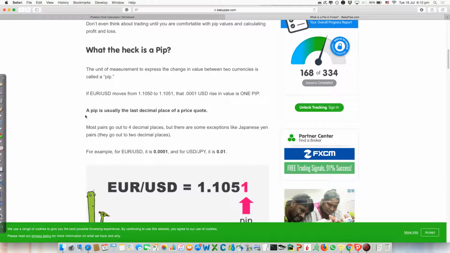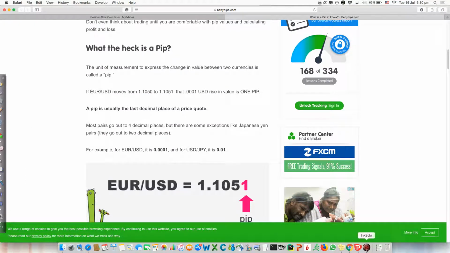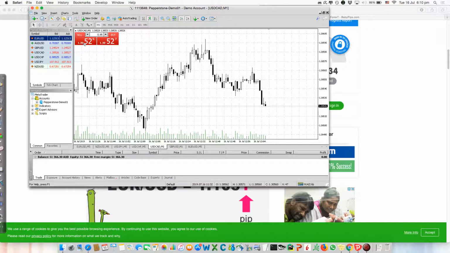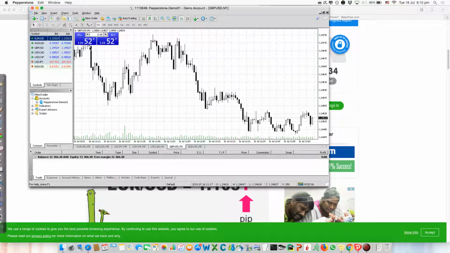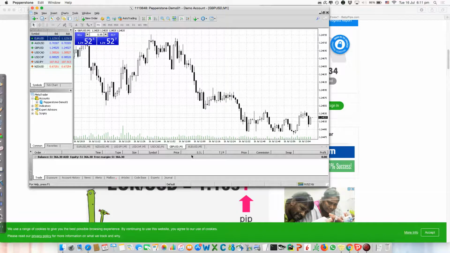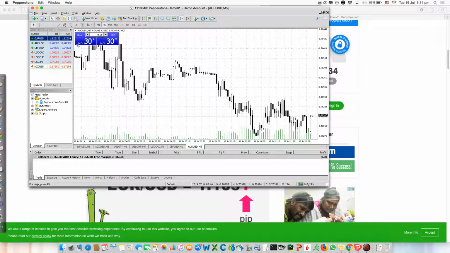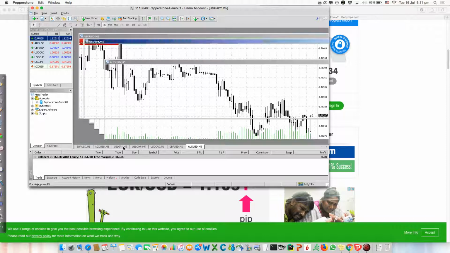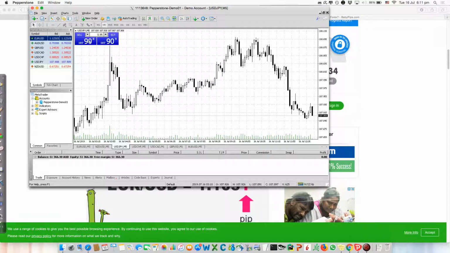The only difference is the Japanese yen. Remember that, because if you look at this one, you see it is the fourth decimal point. You take GBP/USD, again 1 pip is the fourth decimal point. AUD/USD, fourth decimal point. But the Japanese yen is different.